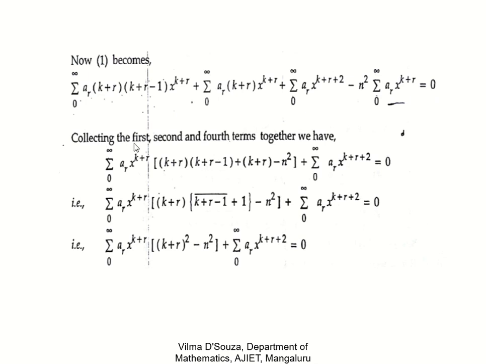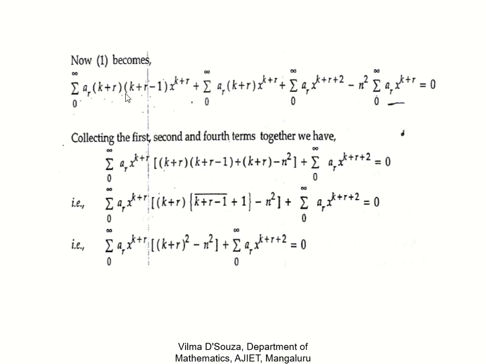Now collecting the first, second and fourth terms together. Why? Because in the first, second and fourth terms the power of x is the same, x to the power k plus r. So combine the first, second and fourth terms together. Summation a r x to the power k plus r you can take as common.